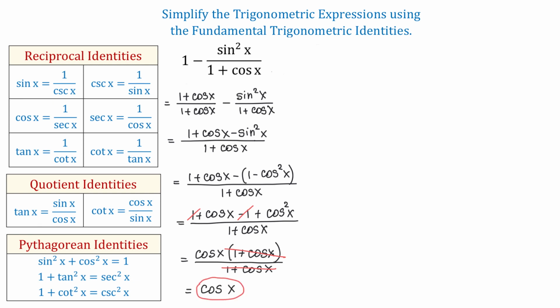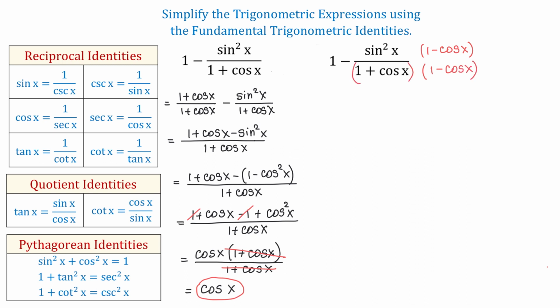Now let's see another method we can use to simplify this expression. So here we have the same trigonometric expression, and now I will multiply the numerator and the denominator of this fraction by the conjugate of the denominator, which is 1 minus cosine of x. So again, we will multiply the numerator by 1 minus cosine of x and the denominator by 1 minus cosine of x.